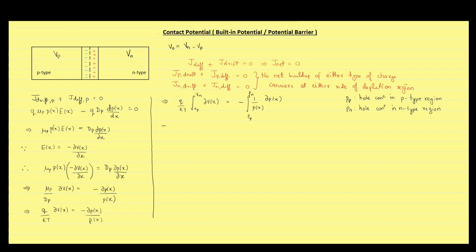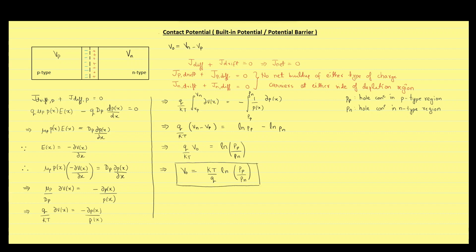After integrating, you will get, we already know that Vn minus Vp is equal to contact potential V0. Therefore, we have formula for contact potential equal to kT/q into natural logarithm of hole concentration in P-type region divided by hole concentration in N-type region.